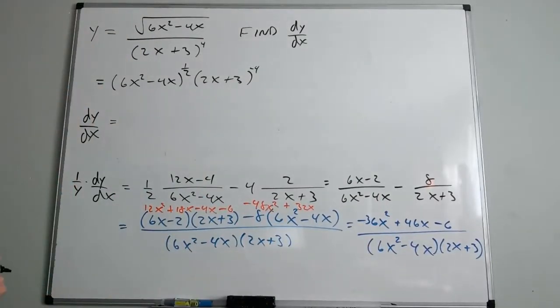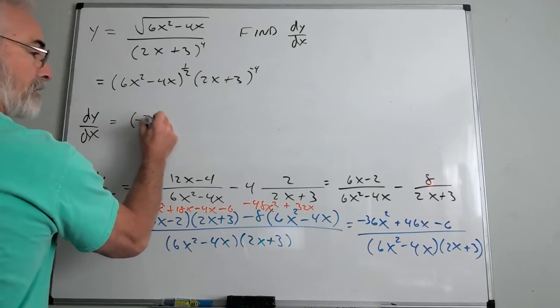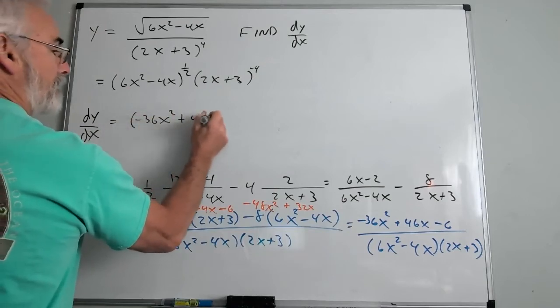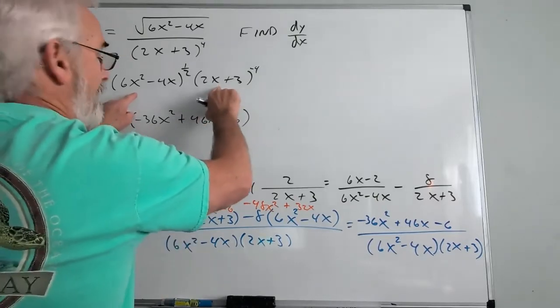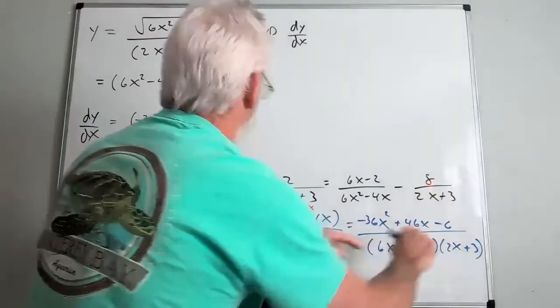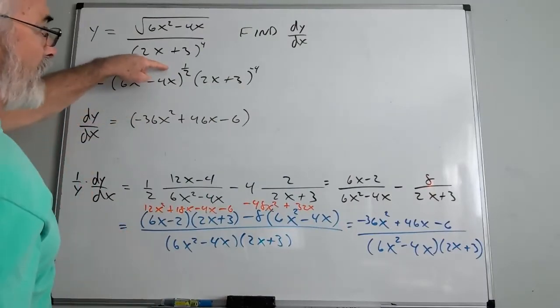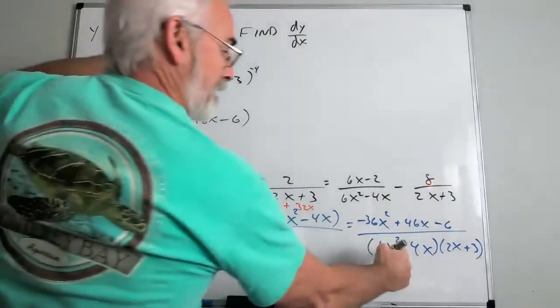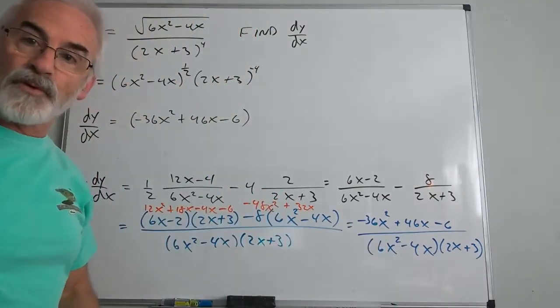Now stare at that for a moment. Well, I'm going to write the numerator first. Okay, when I multiply this times this, notice what I'm going to get. This is to the 1/2 power. This is to the 1. 1/2 minus 1 is negative 1/2.